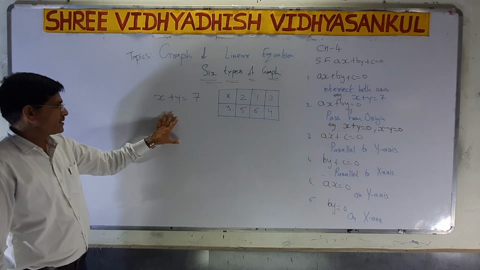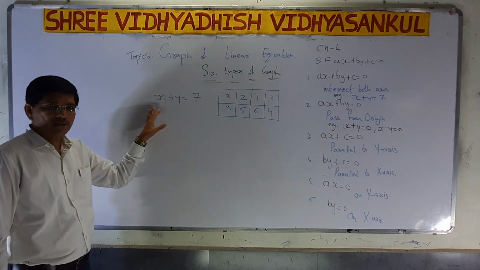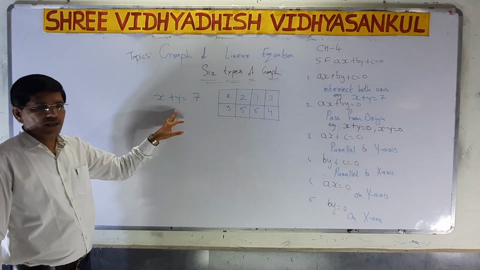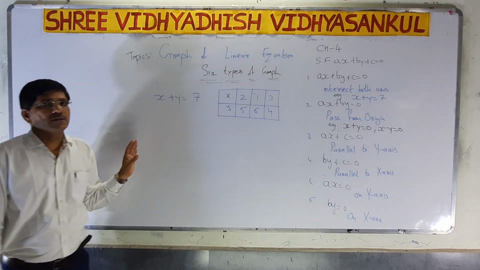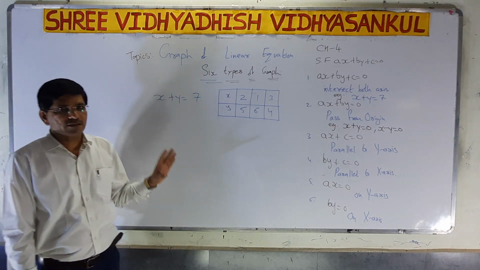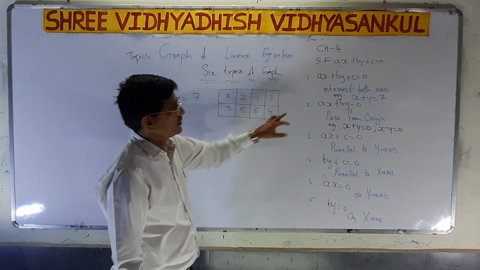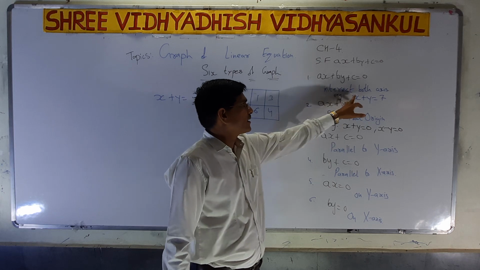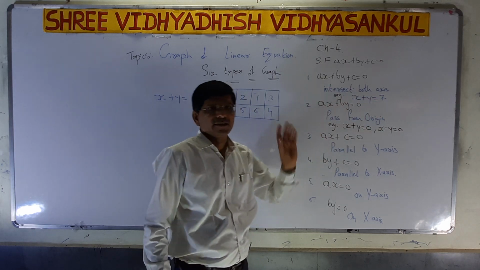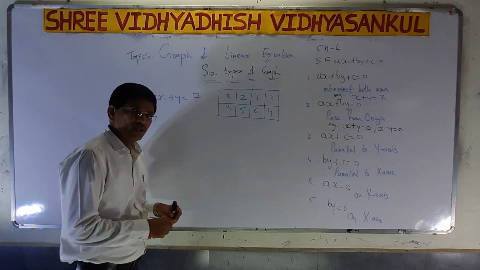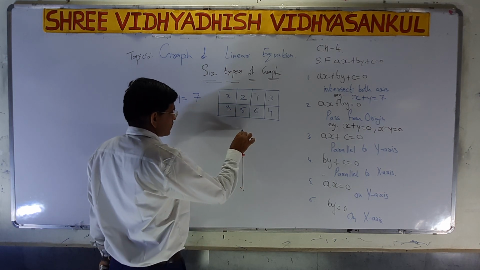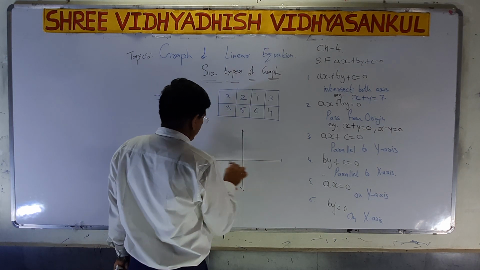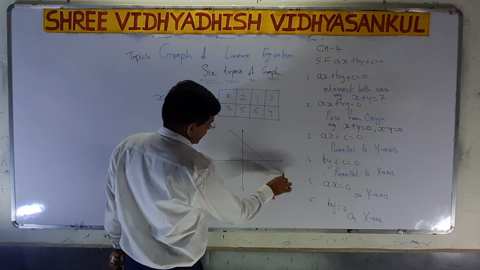If you see this question, a is there, b is there and c is there. So when a, b and c are there in a question, then this type of graph intersects both axes. If you draw the graph of it, it always intersects both axes.